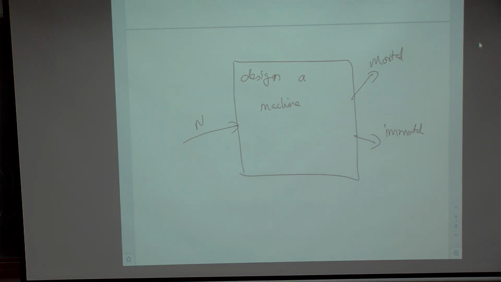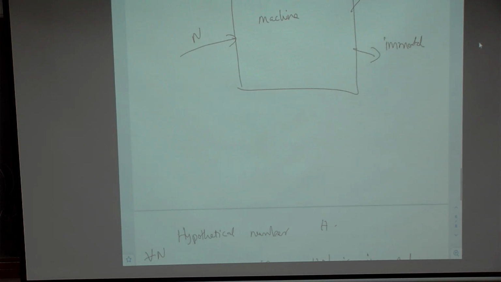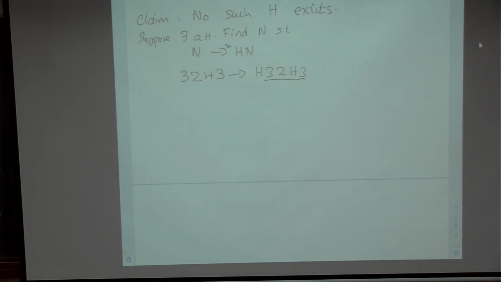This is called Rice's theorem. There is no program to determine any non-trivial property about programs, roughly speaking. I did not show it.